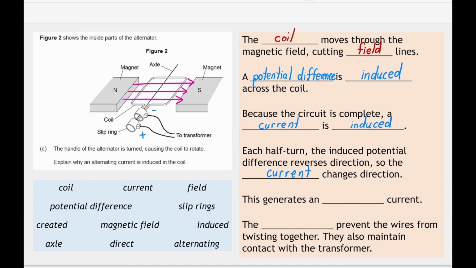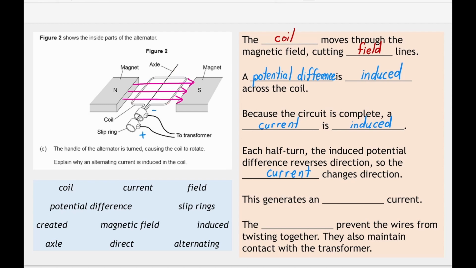If you are curious about why this happens, it's because the direction of current and potential difference is determined by the relative motion of a conductor through the magnetic field. For instance, this right-hand side might be moving upward over here, but after a half rotation, it would be moving downward instead through the field lines, therefore reversing the direction of current.